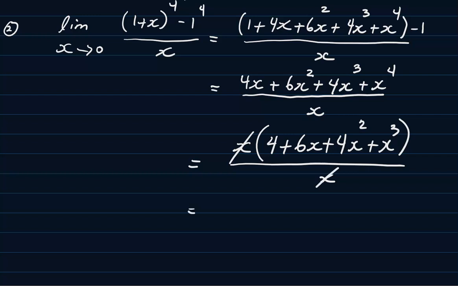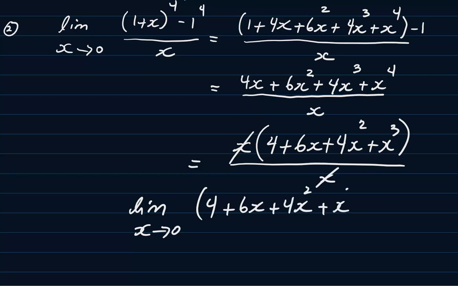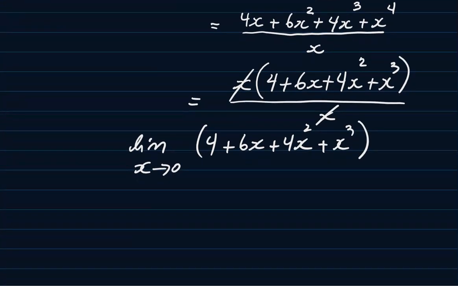The simplified form is the limit as x approaches 0 of 4 plus 6x plus 4x squared plus x cubed. Now when we do the substitution, the terms with x become 0, so we have the limit as x approaches 0 of 4, and that ends up being 4.